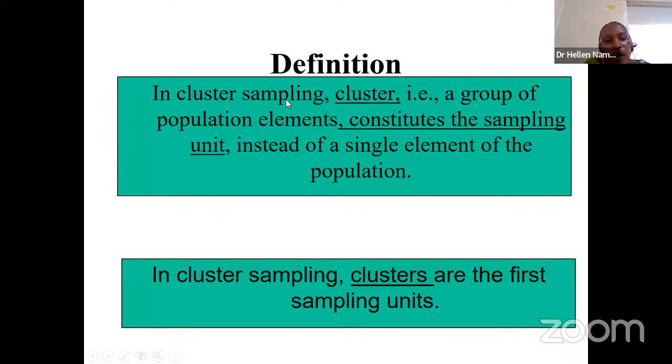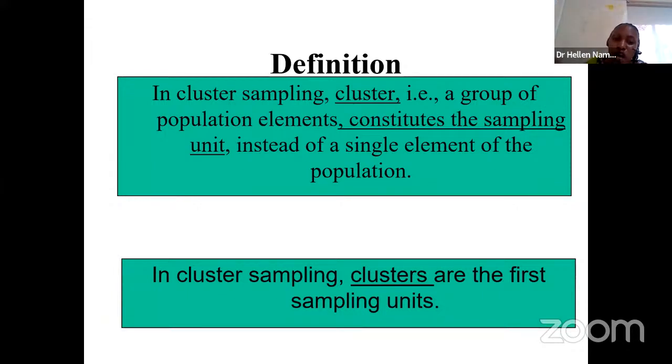Okay, now, what about cluster sampling? In this particular case, when we talk about a cluster, it is just a group of population elements, okay? Within this group of population elements, they are the ones that constitute the sampling unit instead of a single element of the population.